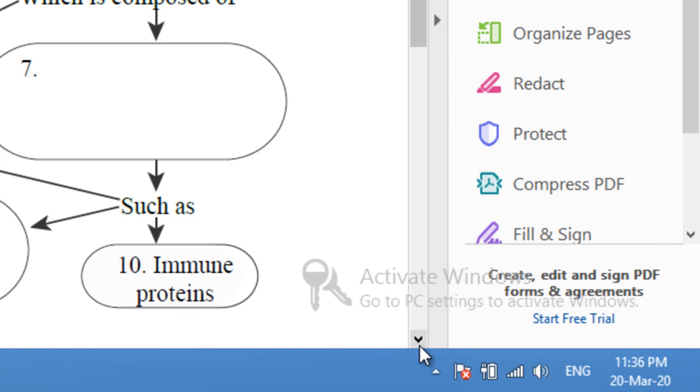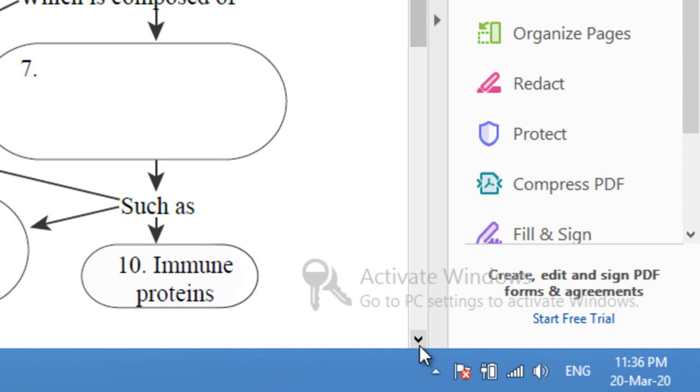Okay, we now focus more on the plasma, which has 90% water and minerals, and which will be detailed into 3 types, such as number 10, immune proteins. So we have something in 7 that has 3 types or 3 examples. One of them is immune proteins.